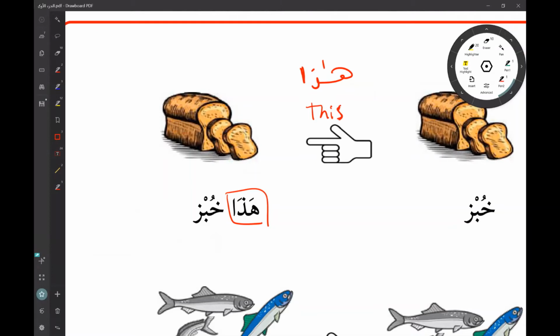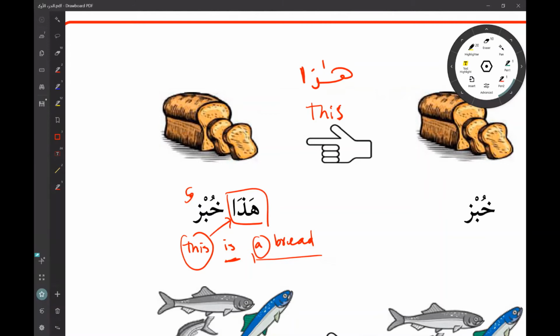So when you say hada khubz, you're saying this is a bread. A bread. Okay, so how do we get a bread? A, because it's indefinite, right? That's why we're getting the A. This, we're getting from hada. So what about is? Remember what I said, usually in the Arabic language we don't use it in a simple sentence.